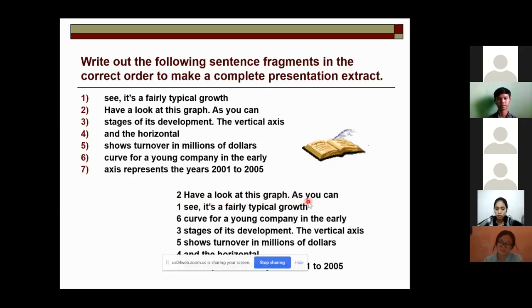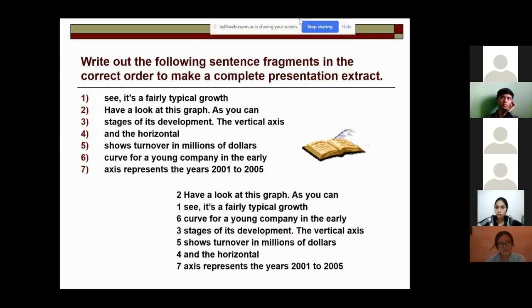Then you say, as you can see, it's a very typical growth curve for a young company in the early stages of its development. The vertical axis shows turnover in millions of dollars, and the horizontal axis represents the years 2001 to 2005.